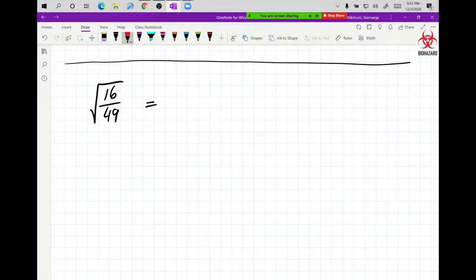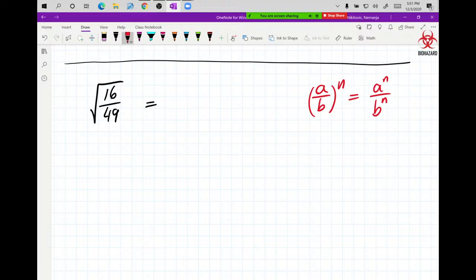Earlier, sometime in chapter 5, we learned that a over b raised to the n is going to give us a to the n over b to the n. So each member of the fraction is going to get its own exponent. Later on in mathematics, you will learn that square roots actually are exponents of a half.